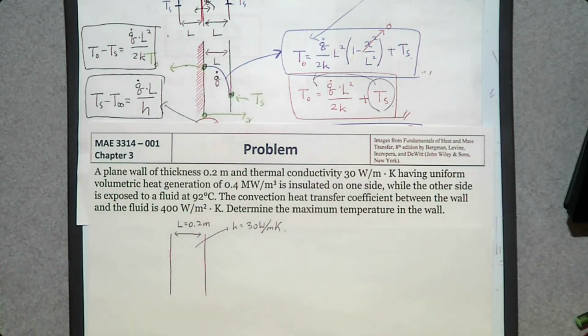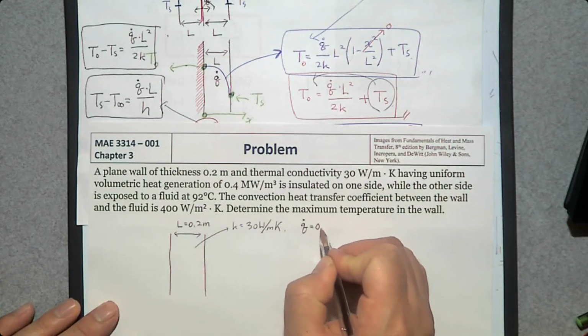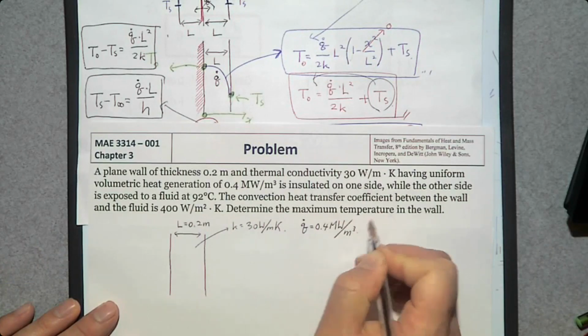And it has a volumetric heat generation Q dot of 0.4 megawatt per cubic meter.